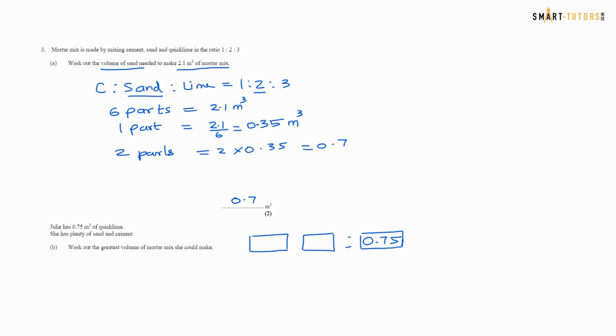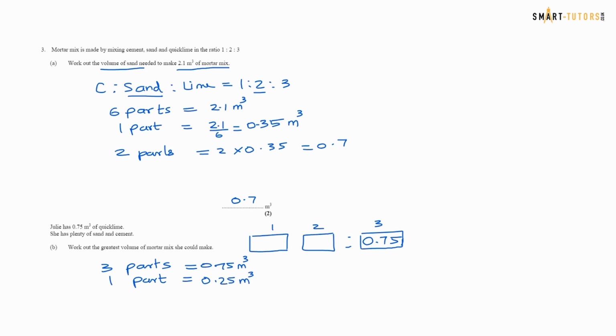So 0.75 lime, this is 1, 2 and 3. So 3 parts is 0.75 meter cube. So one part is 0.75 divided by 3, which is 0.25 meter cube.